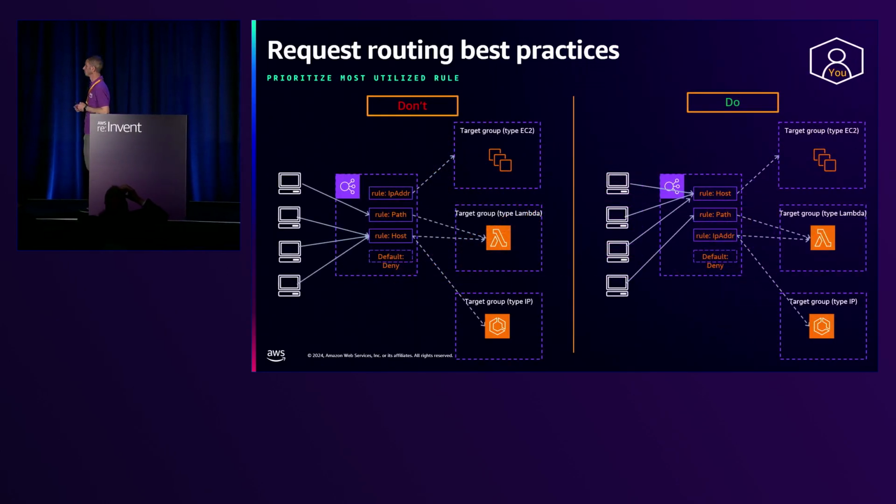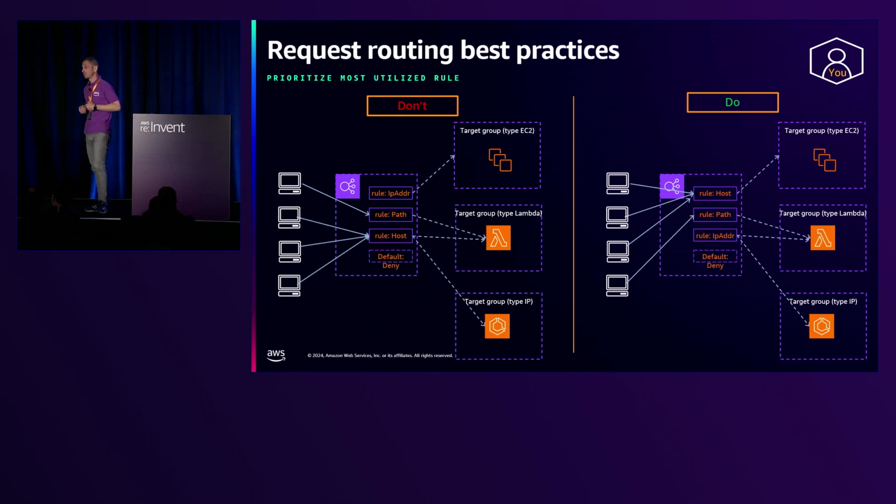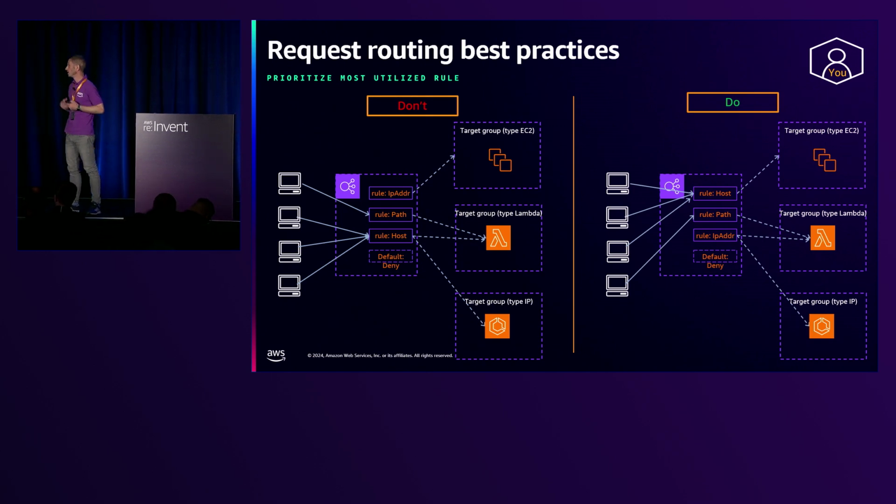The second type of best practice I would like to share is regarding the order of the rules on the listeners. So customers in general terms should always prioritize the most utilized rules. This is because it will enable the ELB to minimize the number of evaluations that it is performing on each single request received on the listener.